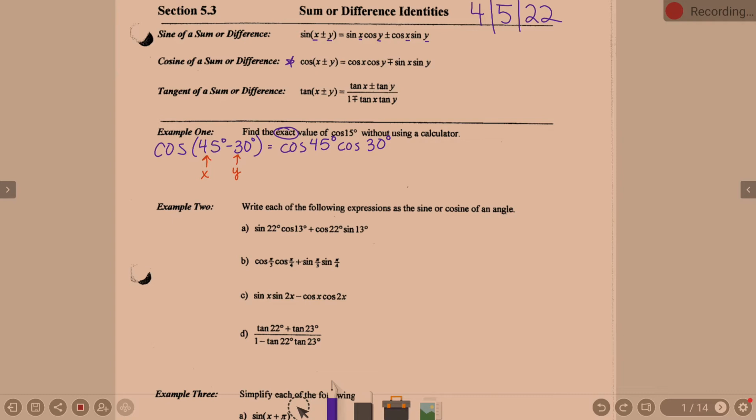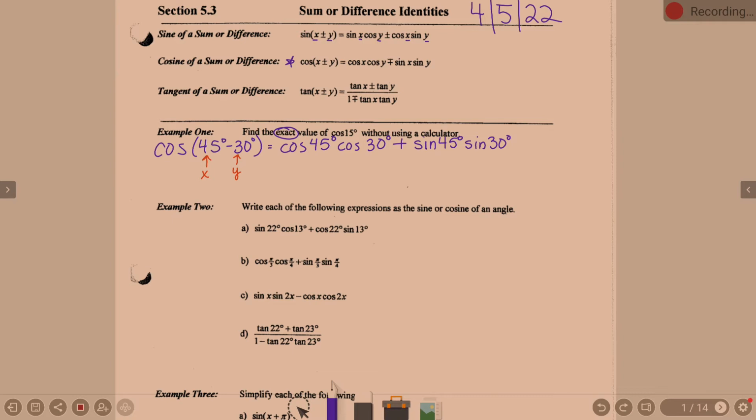Now, because we're in the cosine identity, the original is plus minus. This one's minus plus. So since this was a minus sign in my original problem, I'm now going to use a plus sign. And now it's sine x sine y. So sine of 45 degrees times sine of 30 degrees.